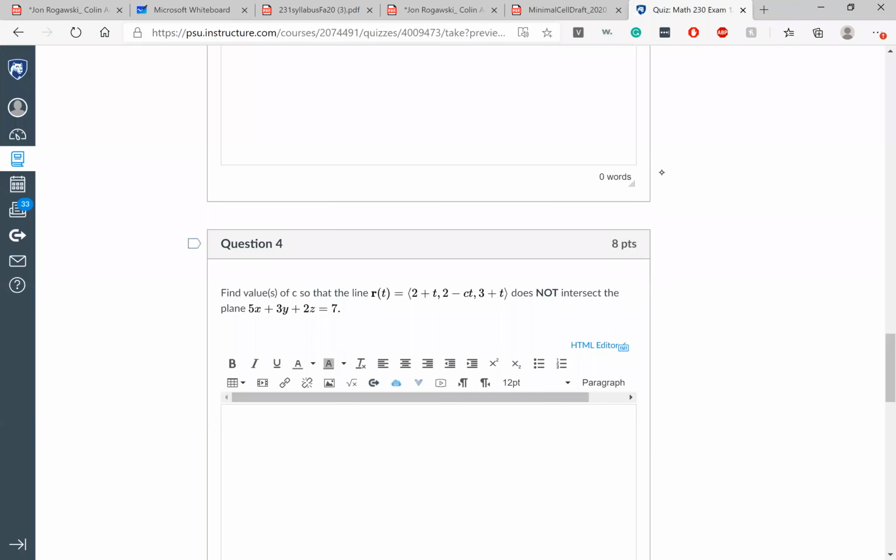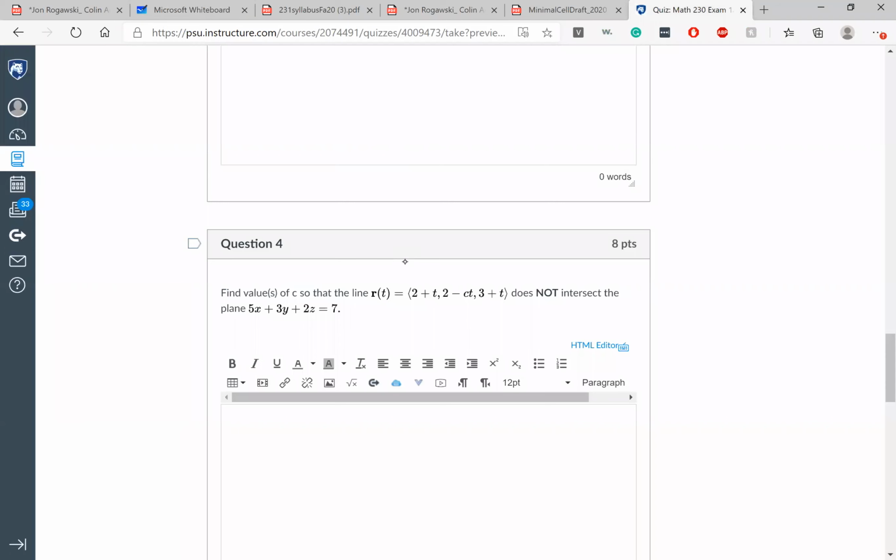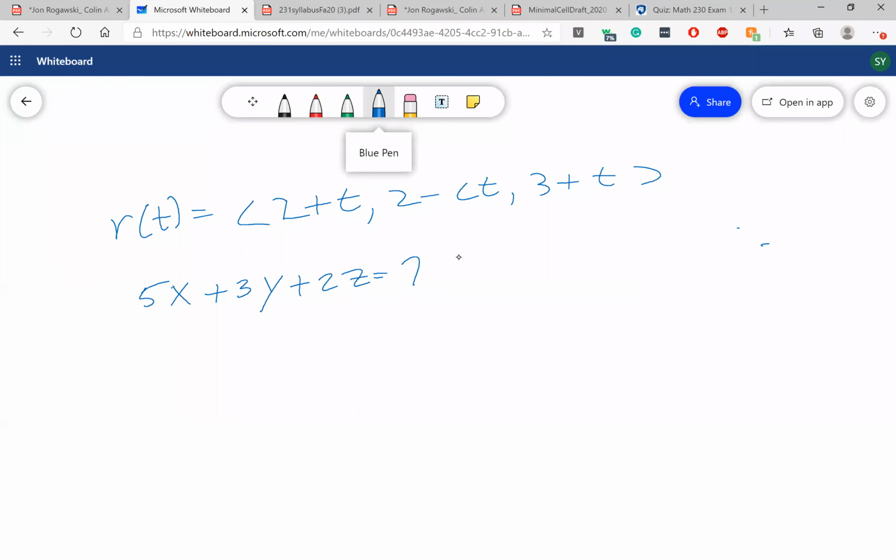And the equation for the plane here is 5x plus 3y plus 2z is equal to 7. Okay, so now my normal vector is equal to the vector (5, 3, 2).